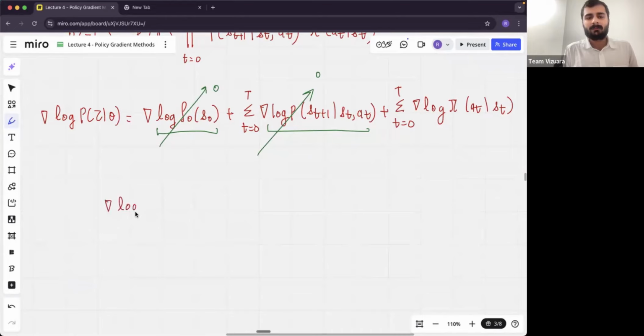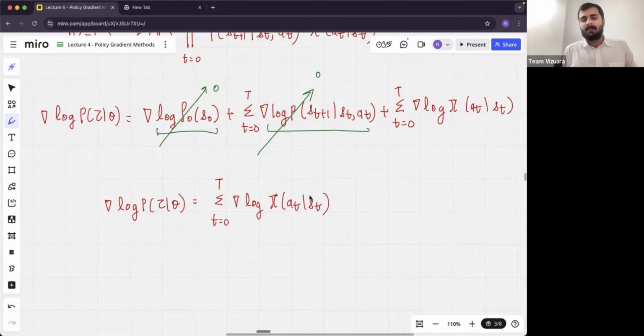Grad log probability of tau given theta is nothing but the summation, for t from 0 to the last state, of grad of log of pi of at given st.